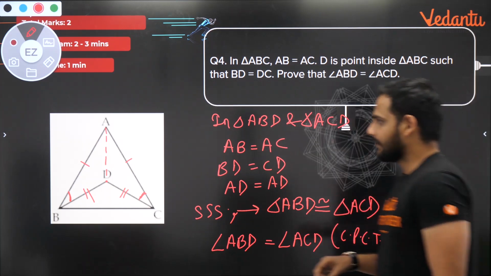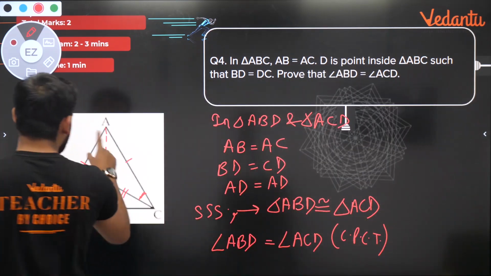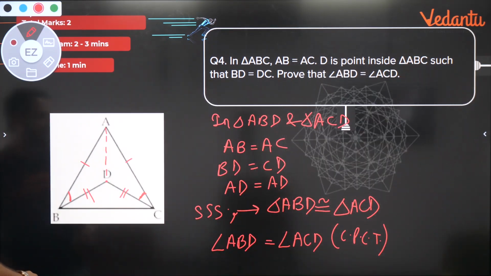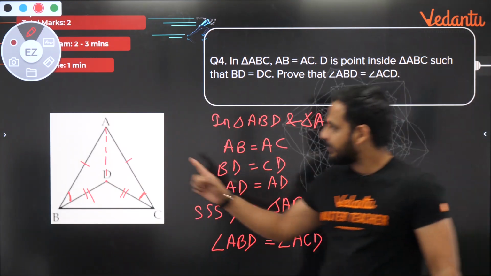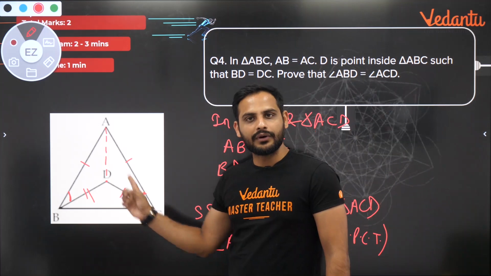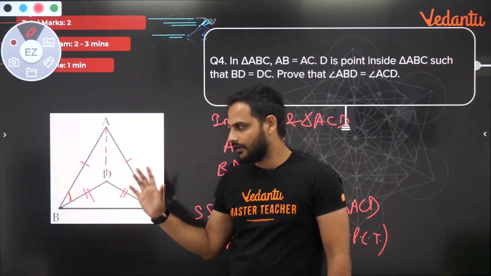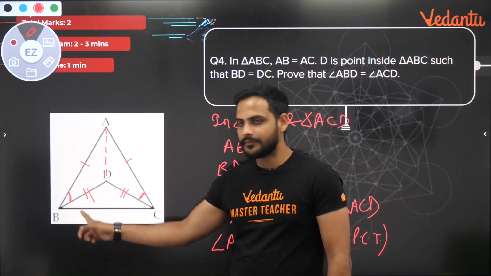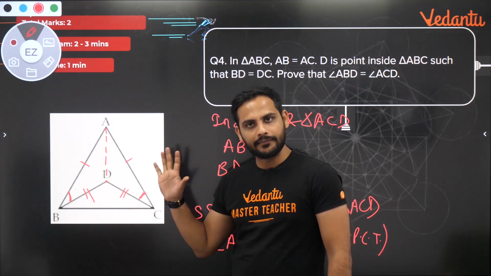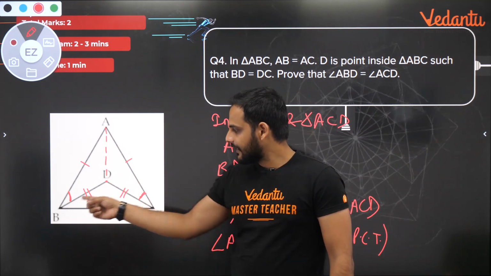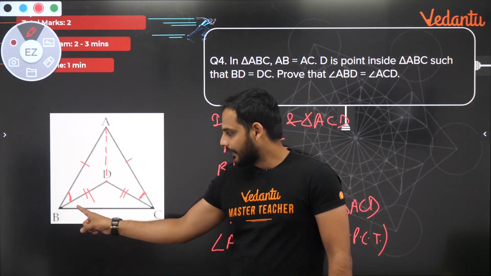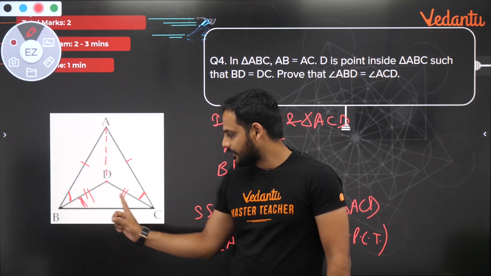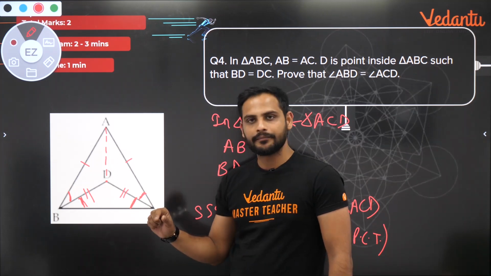One more way is this. If AB is equal to AC, then ABC is an isosceles triangle, so I can say this whole angle B is equal to this whole angle C. Then if DB is equal to DC, this small triangle is also isosceles, so angle DBC is equal to angle DCB.